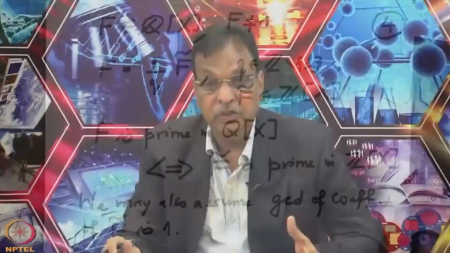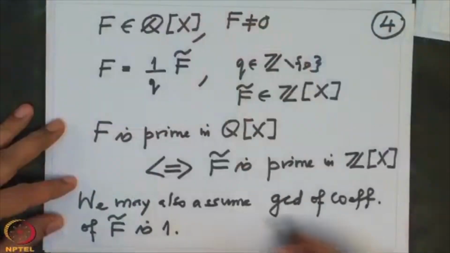Remember, when we say GCD of integers, it's always a positive integer. The GCD is also called the content sometimes, but I will not use it now. So without loss of generality, we want to find a criterion for integer polynomials to be irreducible. I could also assume the polynomials are monic, but I will not do so.